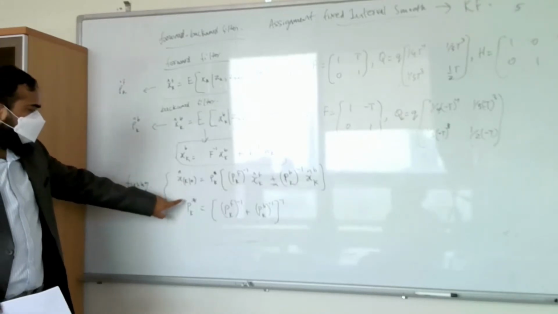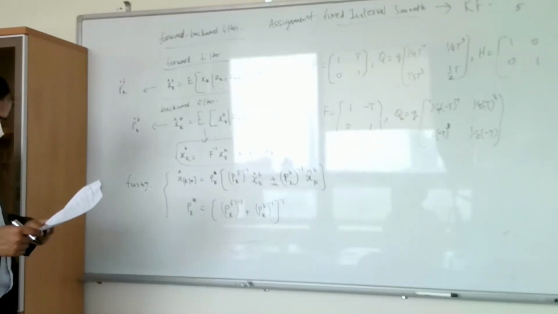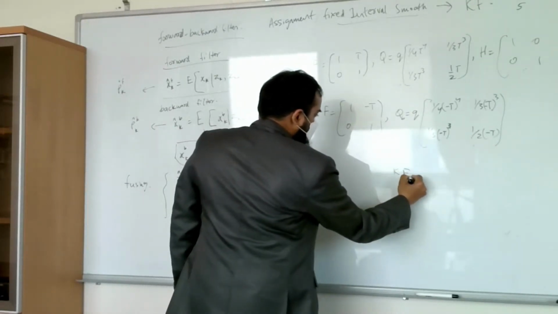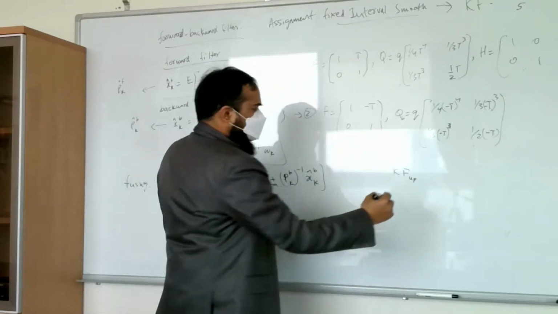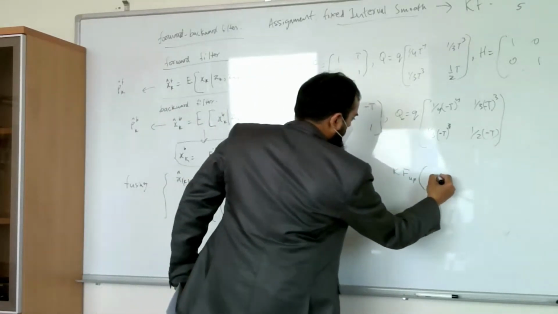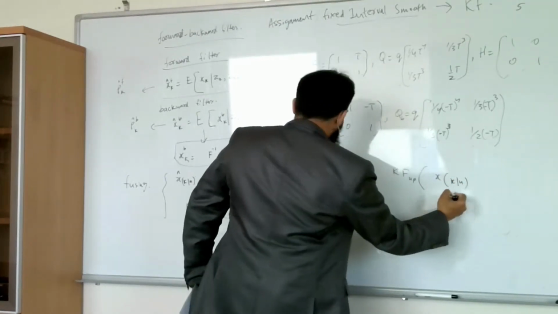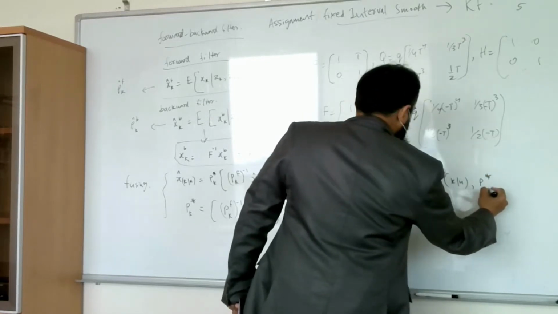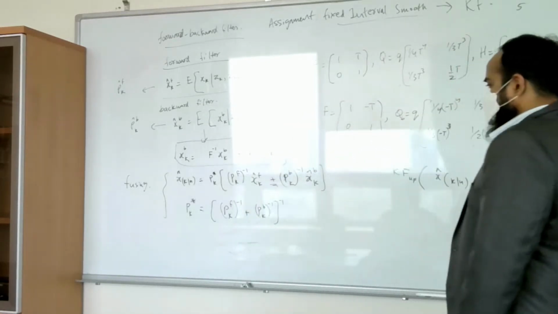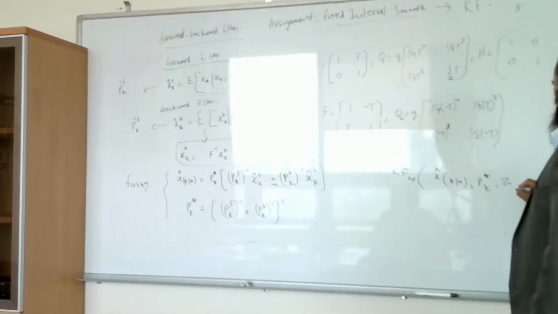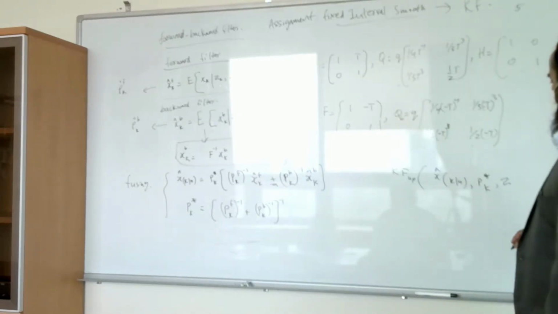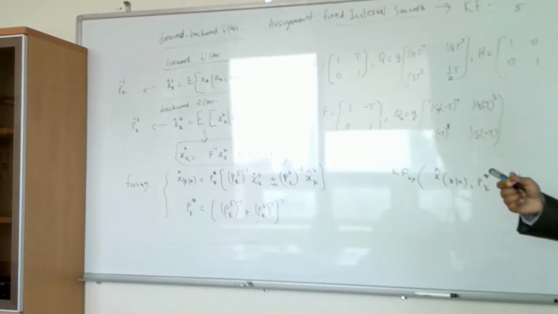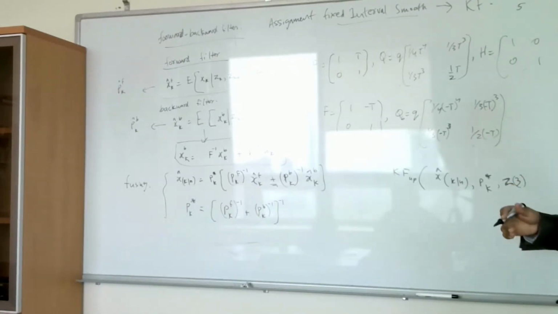We have to update this and this, like the Kalman filter update, this thing, K and P static K. Okay, and this is Z. Suppose we are at scan number 3, then Z of 3, because the first two scans are used for initialization, so there is no data in the first two scans.